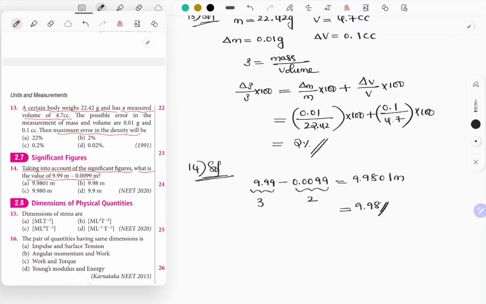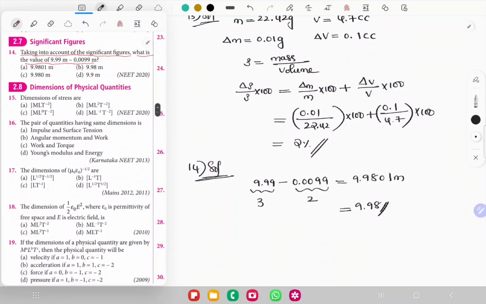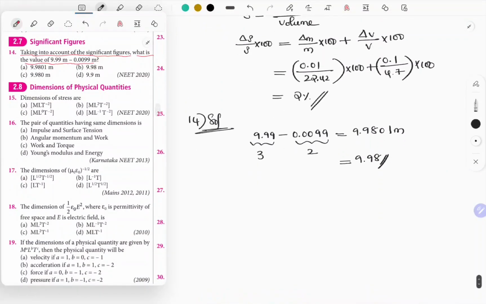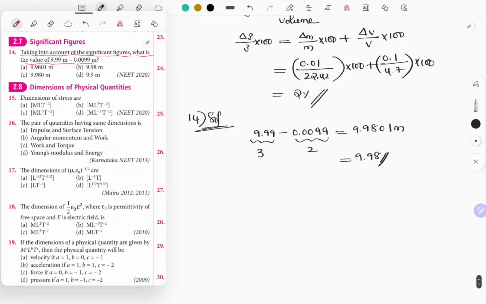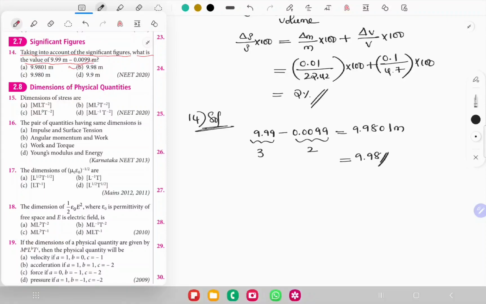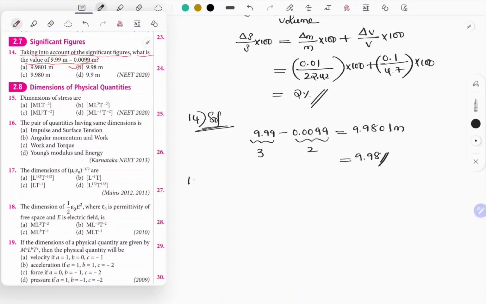After the decimal point, if you observe, in both cases we have the same number of significant figures. That is the reason we are reducing it to two significant figures after the decimal point. It is not 9.9. Most of the students used to answer it as 9.9. That's the wrong way. Now, question number 15.